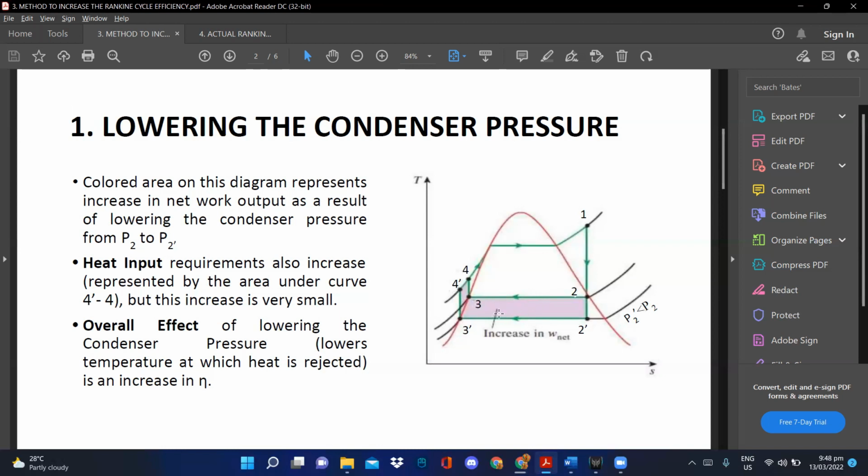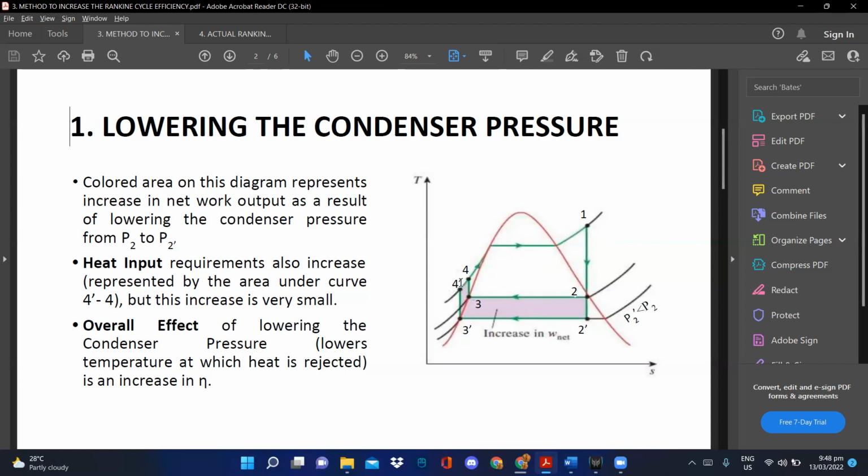This shaded region is the area of increase in net work. Then after you have 3 prime, you have 4 prime, which correlates to 3 prime. And then from 4 prime, you go back to your initial state. So your QA is here and your QR is here.